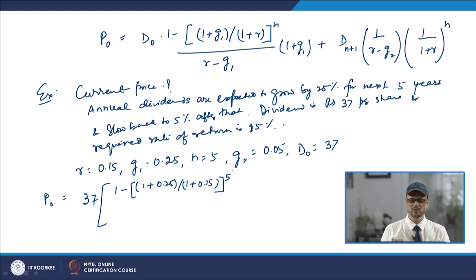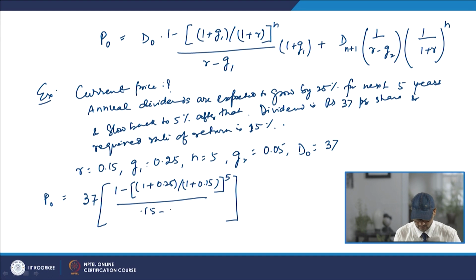Then you have R minus G 1, so it will be 0.15 minus 0.25. This term becomes negative, and the other also becomes negative, so that basically cancels, and 1 plus G 1 will be 1 plus 0.25.